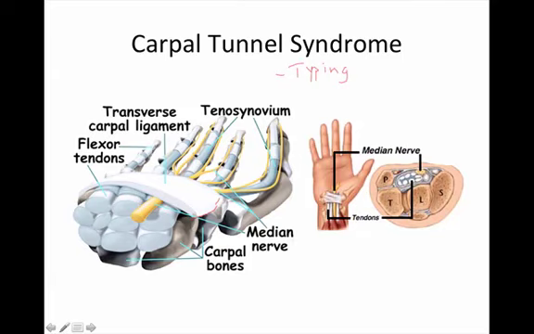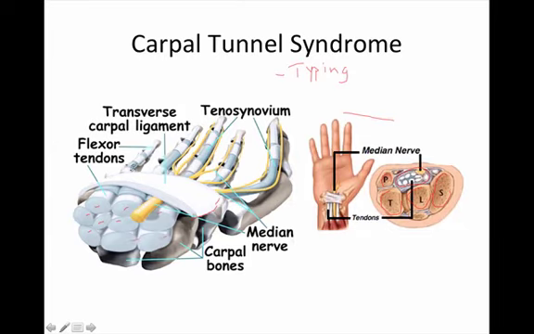So here's a look at some of the structures of the hand. Here we see some of the bones: scaphoid, lunate, the triquetrum, and the pisiform here. Now here we are in our carpal tunnel. We have a lot of flexor tendons, right?